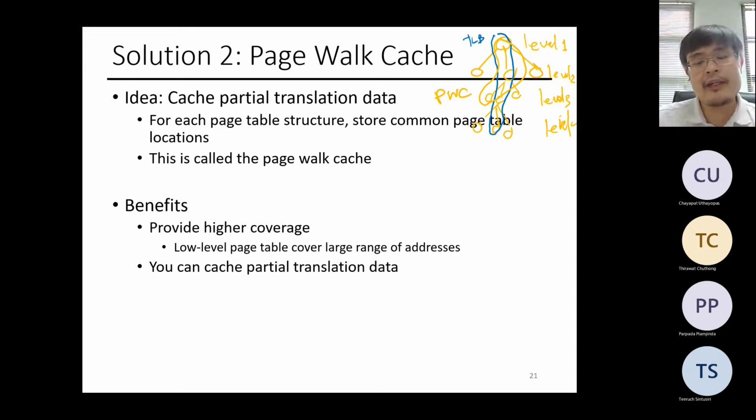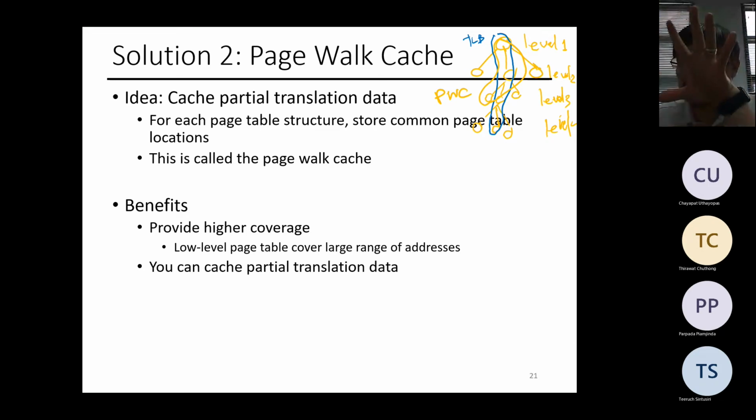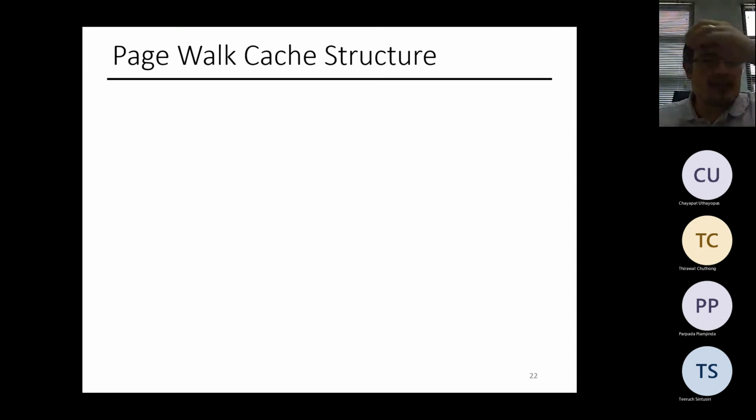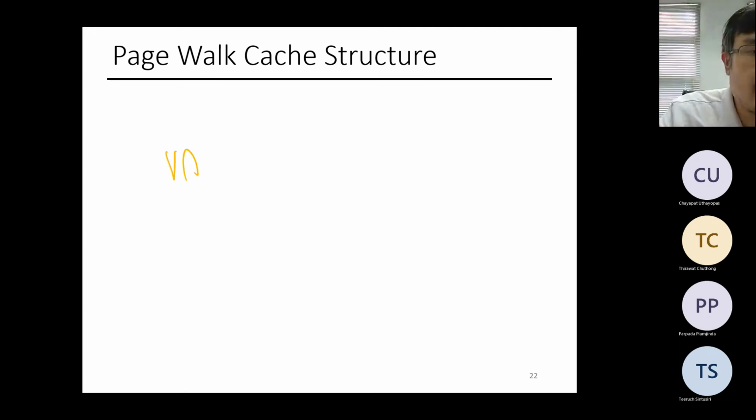Both Intel and AMD processors deploy both the TLB and the page walk cache to make sure that you run into only a few cases of going through 4 levels of page walk, right? And the page walk cache structure: basically you have the virtual address coming in.